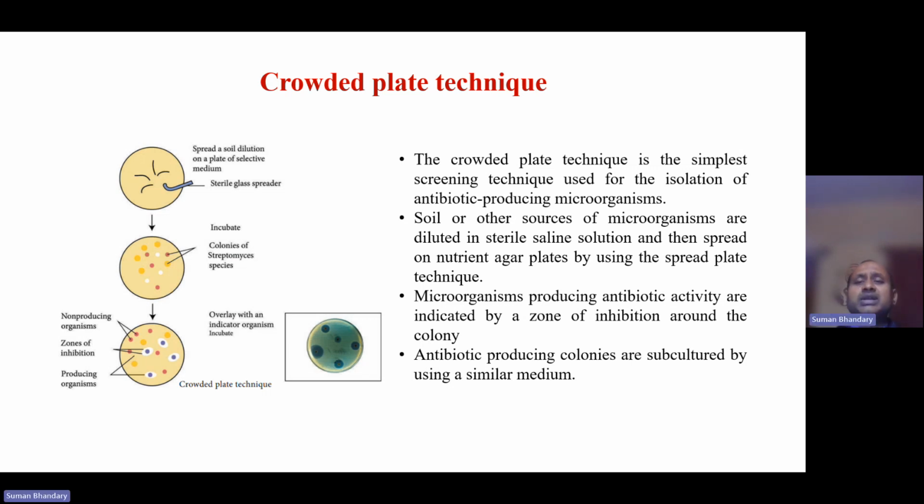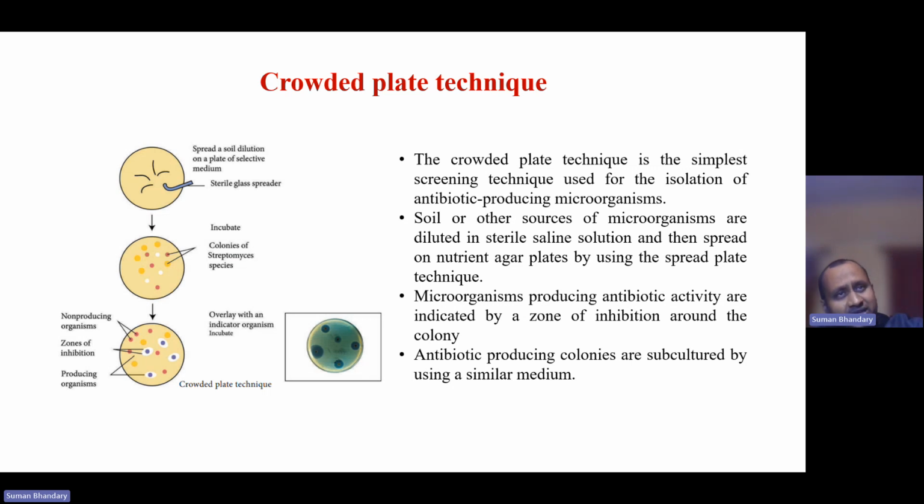So this particular technique is known as crowded plate technique. The antibiotic producing activity of a colony can be indicated by no growth of any other bacterial colony in its vicinity.